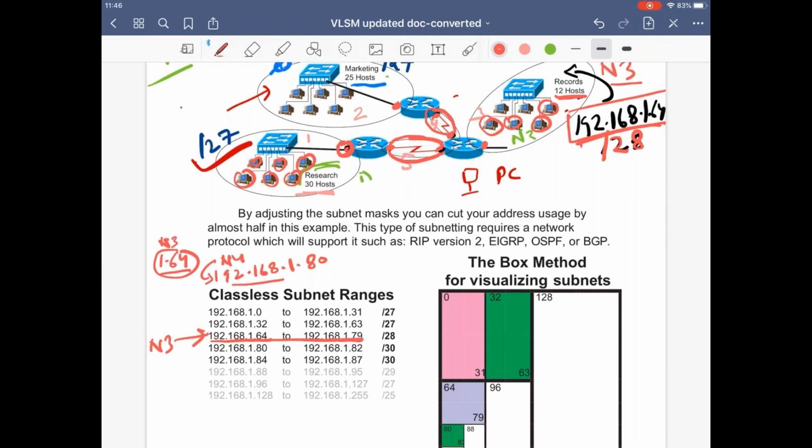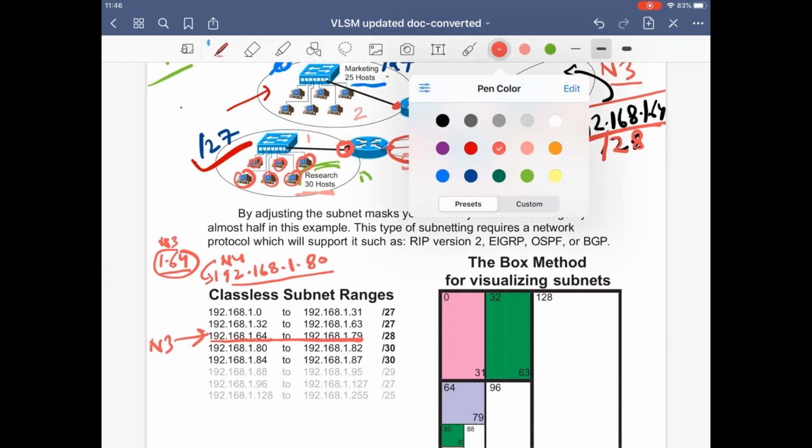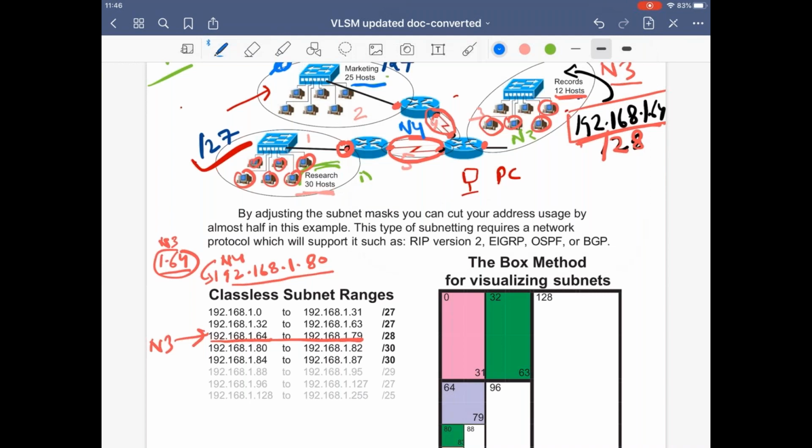Which is N4 there? See the blue N4. It is a router to router connection, point to point. So in this we need two hosts, right? We have only 2 hosts.